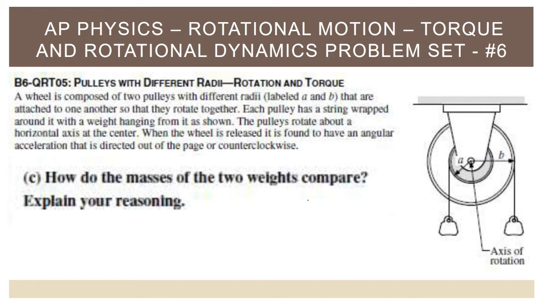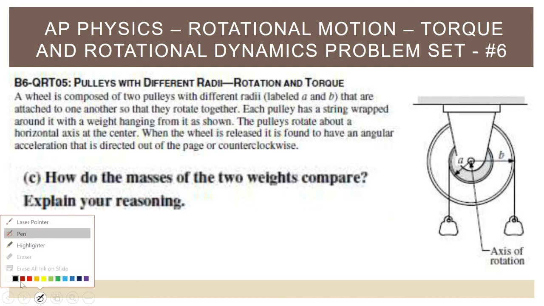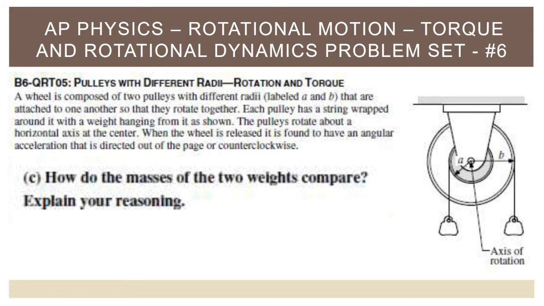The main point here, I think, at least as far as the difference between these two weights is concerned, is that there is a different length of the position vector, or R value, in the torque equation. So if we call that RB and we call this one RA, and we remember here that the torque is R F sine theta, it's important to recognize here that the force of gravity is perpendicular to both of these position vectors here.